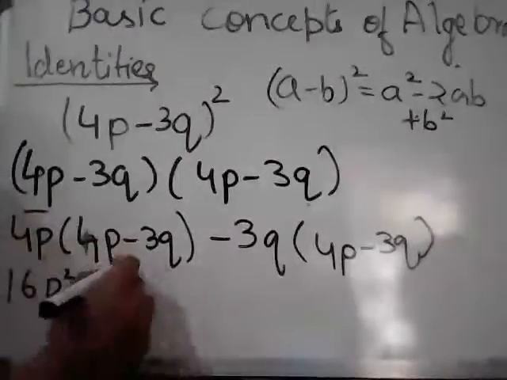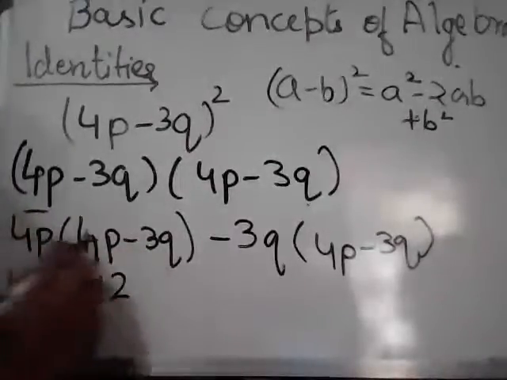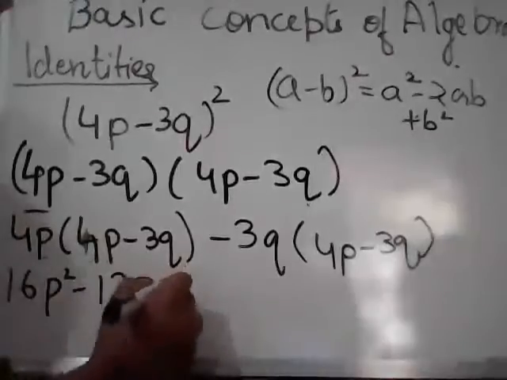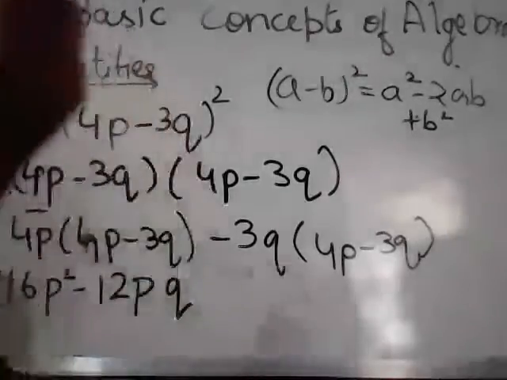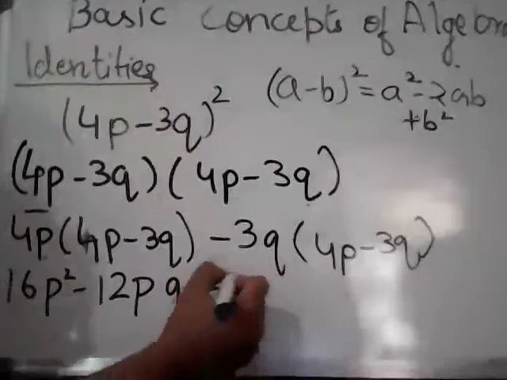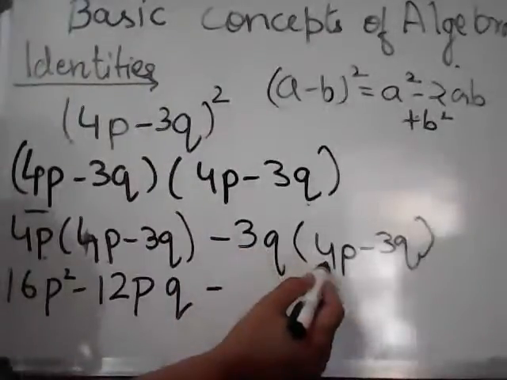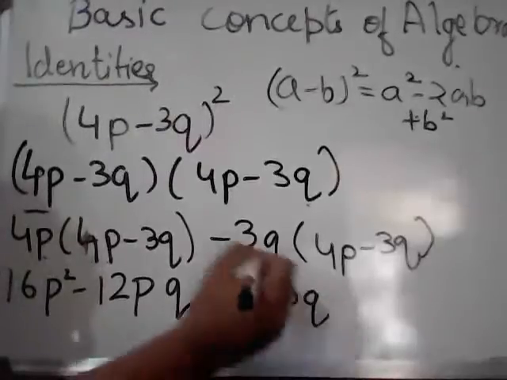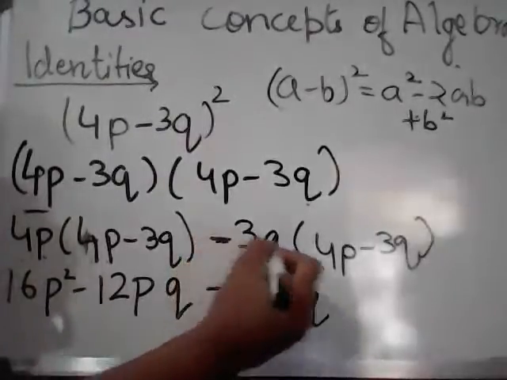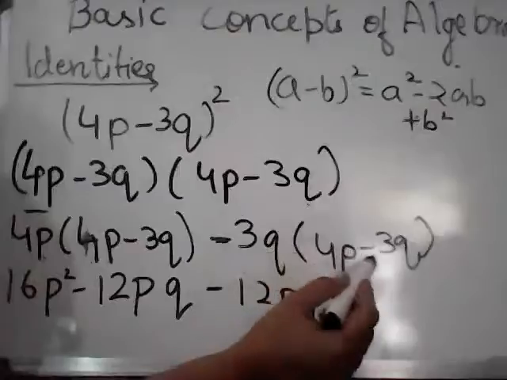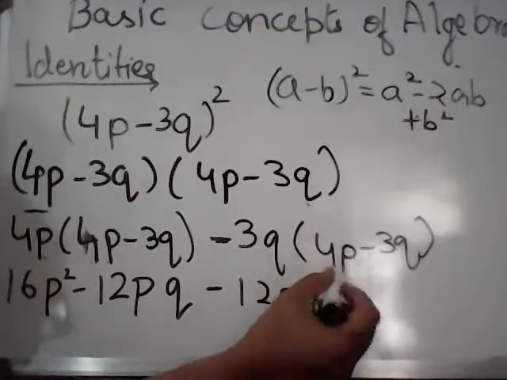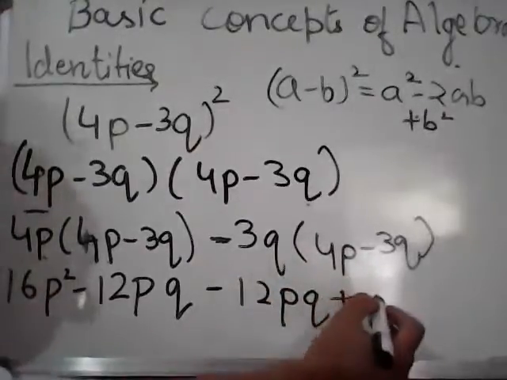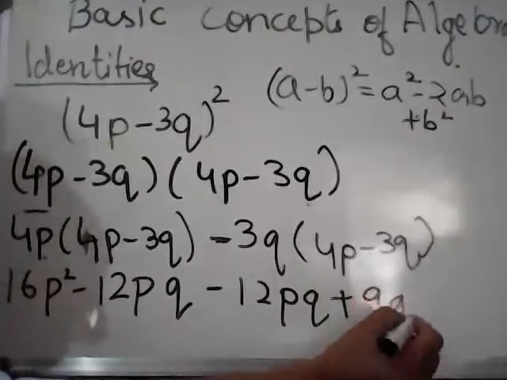Minus 4P into 3Q will be 12. We multiply coefficients and we write variables as they are. Minus 3 into 4, 12. 12PQ. We will put a minus sign as we have a minus sign outside the bracket. Minus 3Q into minus 3Q will be plus 9Q square.